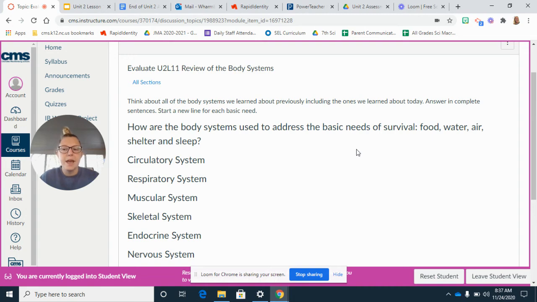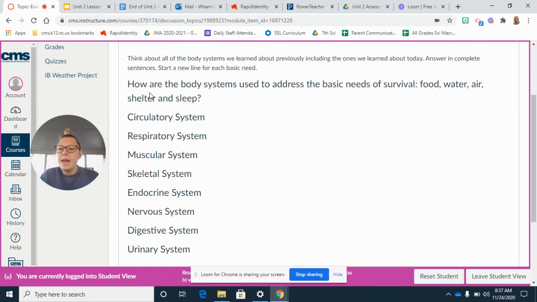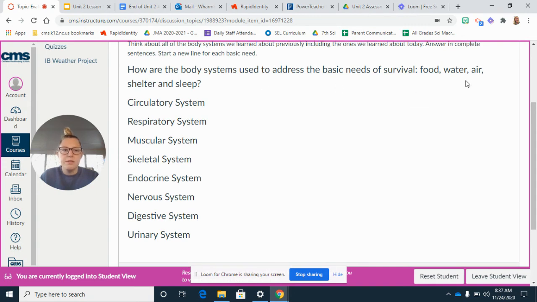And here's your assignment for today. You're going to put it in a discussion type form. How are the body systems used to address the basic needs of survival: food, water, air, and shelter? You're going to give me a lowdown about each one of these things for each system, and I listed all the systems out for you.